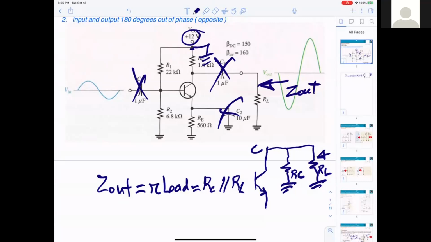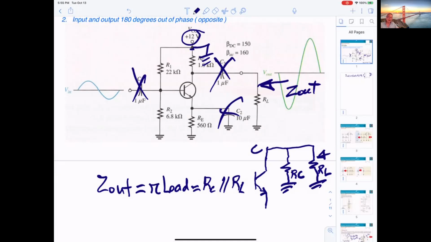Okay, thank you. So when you connect the VCC to ground, at the collector you get RC connected to collector and to ground. Same thing, RL connected to collector and to ground. That's why they are in parallel. Looking into the output of the amplifier, you get two resistors in parallel, RC and RL.